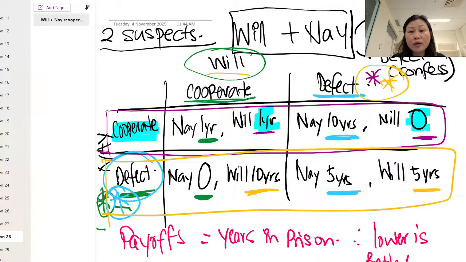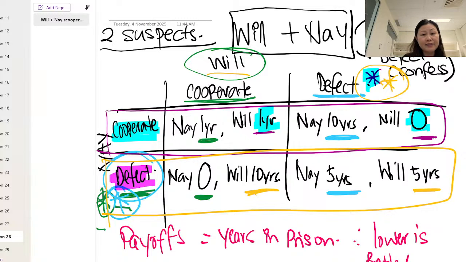And so we've got 1 star to defect for Will. If Nay defects and Will defects, Will gets 5 years.